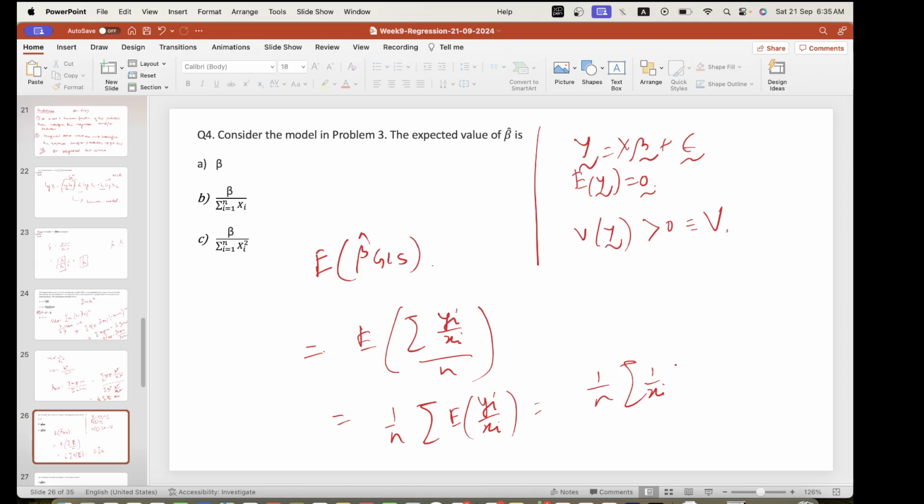Expectation of yi will be xi beta plus epsilon, expectation of epsilon i is 0, so this cancels, and we finally arrive at beta.